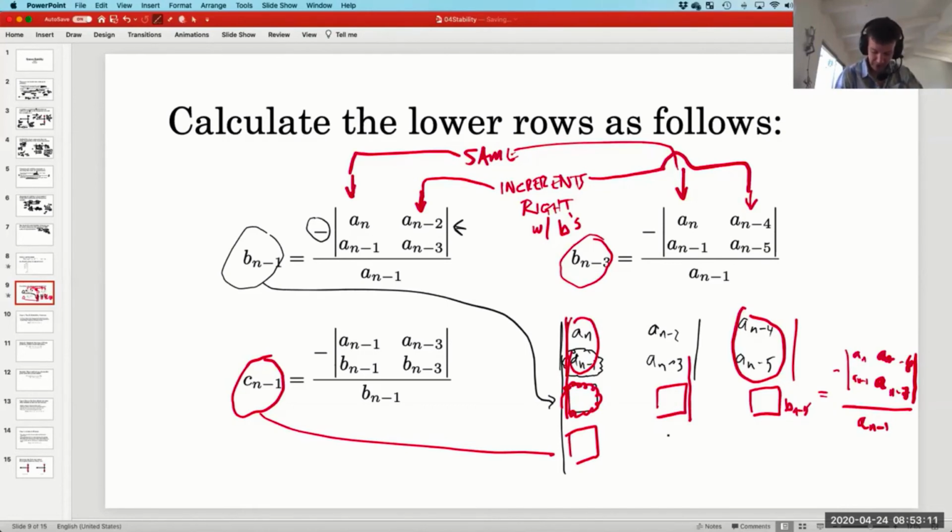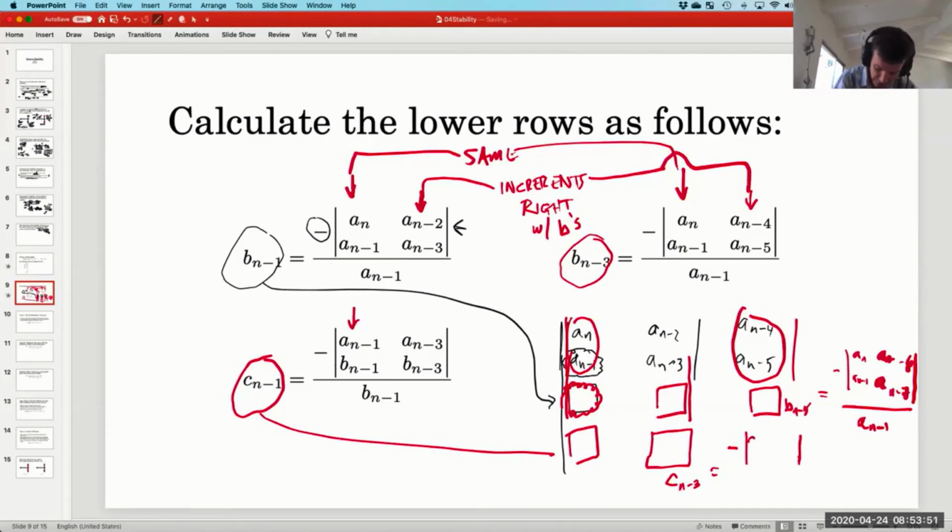So check your recognition of this pattern and see if you can write an expression for c sub n minus 3. I'll give you a chance to think about this formula. So it's going to be a negative determinant. I don't know if I give myself enough room there, but we'll see. And the left-hand column is going to be the same as this.